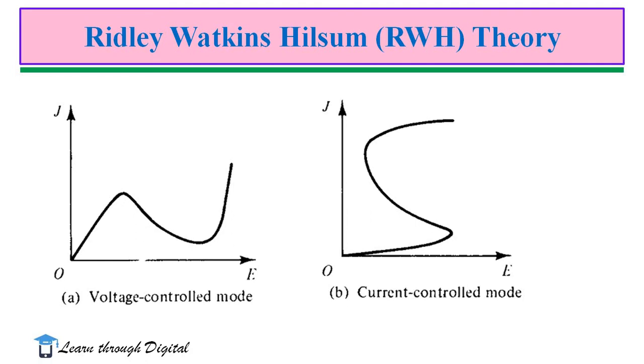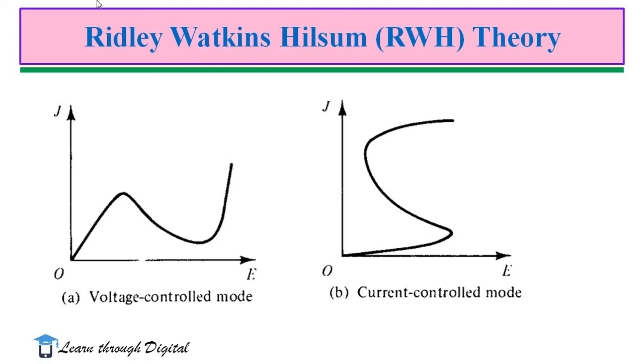It may be voltage controlled and current controlled. Figure A illustrates the characteristics of voltage controlled mode and figure B represents current controlled mode device. For the voltage controlled mode, the current density can be multi-valued, but in the case of current controlled mode, the voltage can be multi-valued.